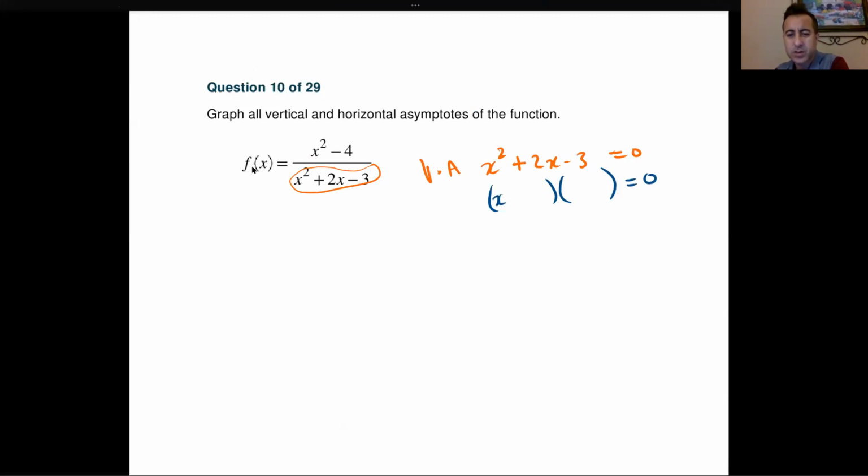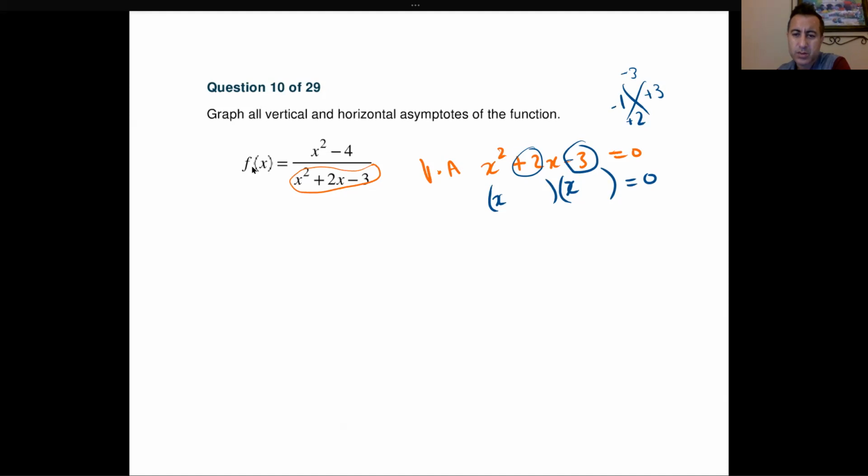And if it factors, then it's easier just to use factoring. So the product of these two numbers is -3, and their sum is 2. Two numbers you multiply to get 3, right? So 1 and 3. So we need negative and positive, and since we want the sum to be positive, that means the bigger number is positive.